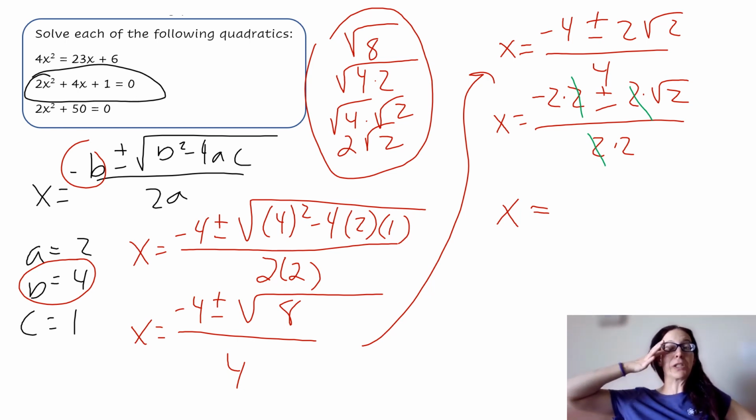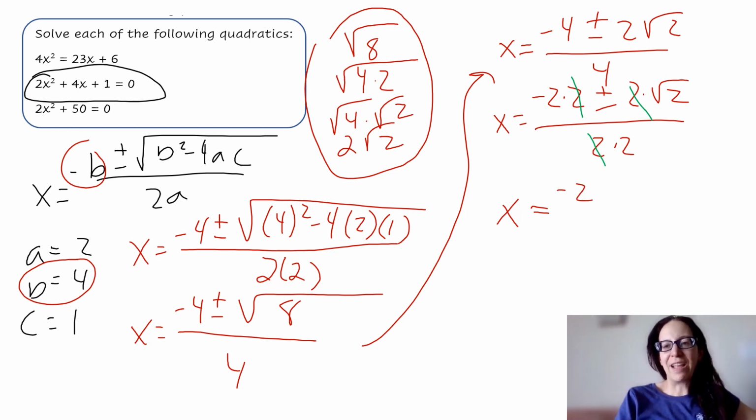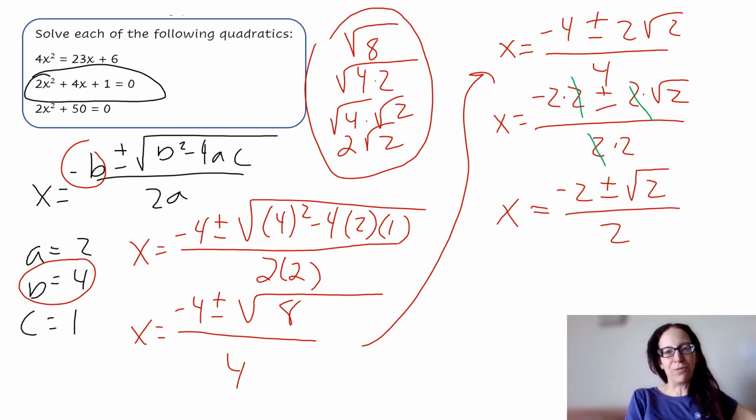So you can't cancel out the 2's with the 2 4's and then leave the other piece of it alone. And that gets into understanding what factors are and how fractions work, which I know is a weak spot, but also not necessarily something that we can cover right now. So we have -2 plus or minus, and now that's just a root 2 over 2. And that's the answer choice that you would be looking at.